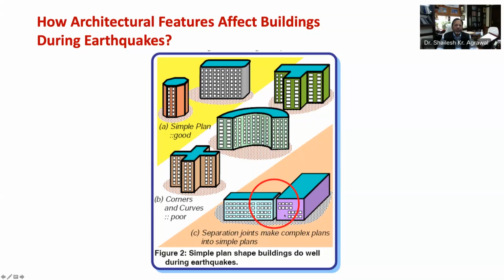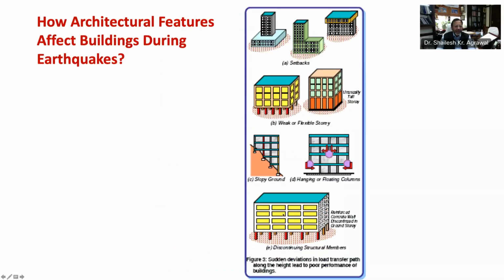Now let's go to the vertical layout or elevation of the building. The basic philosophy of earthquake engineering is to bring down the earthquake forces developed at different floor levels in a building to the ground along the height by the shortest path.